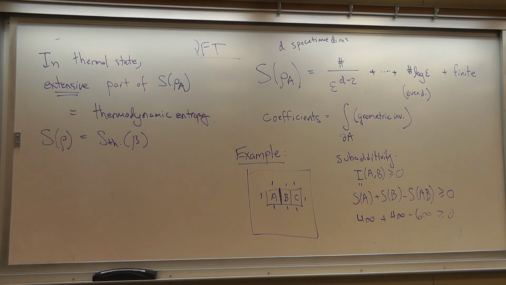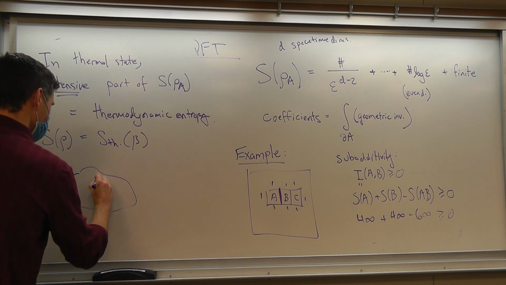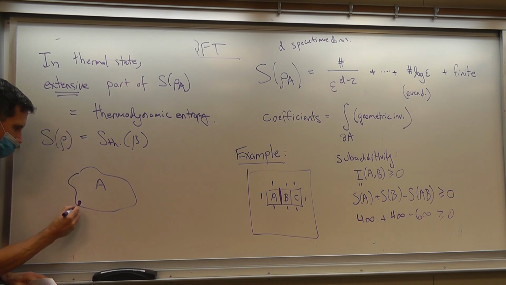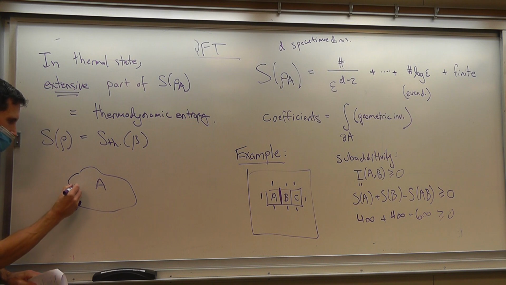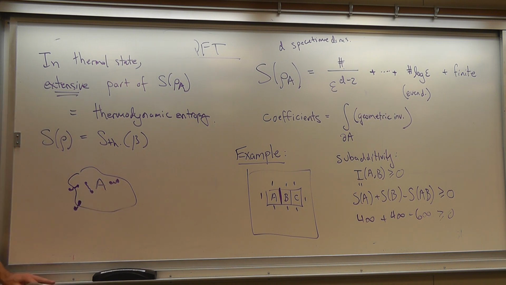This is supposed to give you some intuition for how to think about entanglement entropy in quantum field theory. Quantum field theory is tricky, but it's just a bunch of stuff flying around. If you have a region A, there are two types of stuff you have to worry about. There's the virtual stuff that mostly is at short distances, and that's some short distance entanglement.